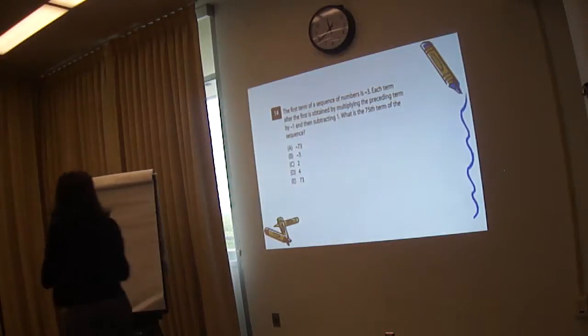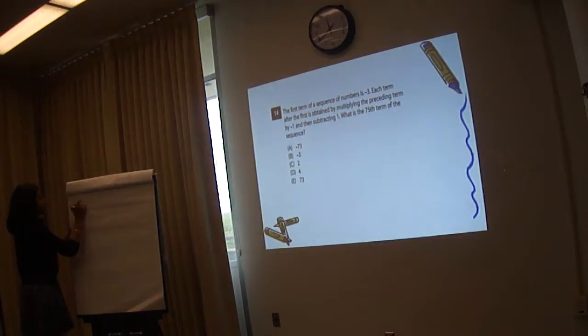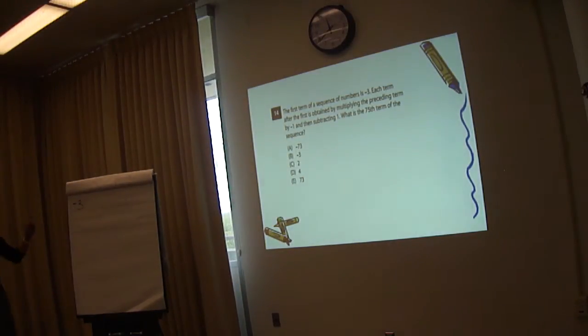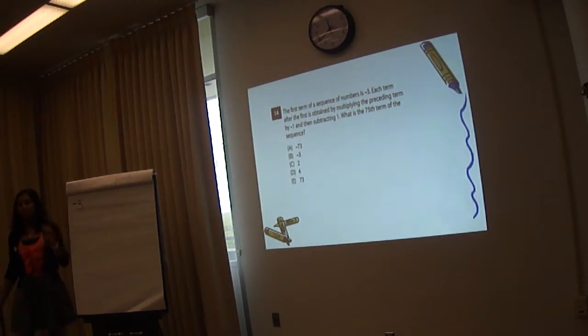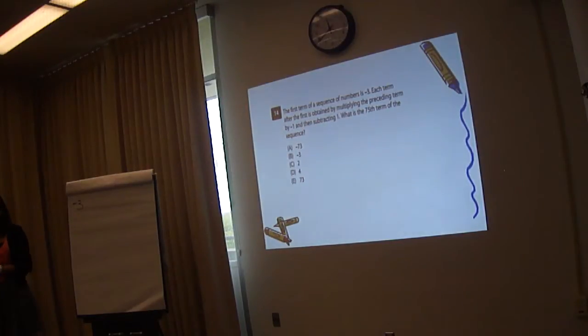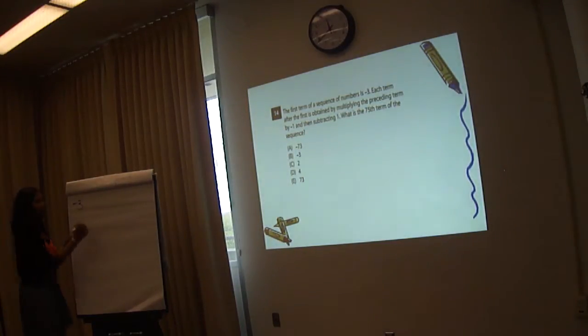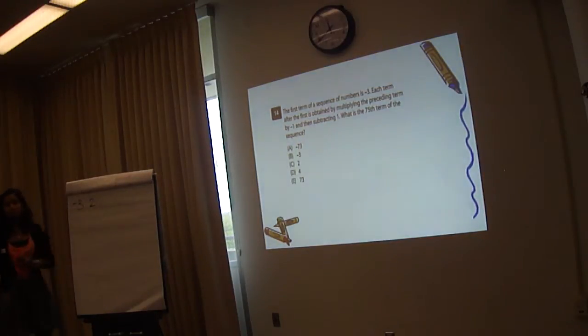So, our first number is -3. Each term after the first is obtained by multiplying the preceding term by -1. If I multiply the preceding term by -1, what do I have? 3. And then subtracting 1, what do I have? 2. So my second term is 2. Now, how do I find the third term?